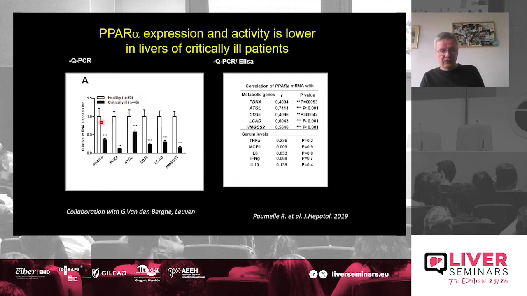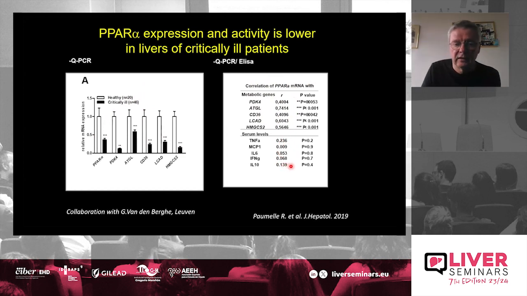We found a very strong decrease in the PPAR alpha expression and target genes of PPAR alpha in these critically ill livers. And quite interestingly, we correlated this PPAR alpha RNA changes in these individual livers with the metabolic regulated genes much more than with the inflammatory genes.